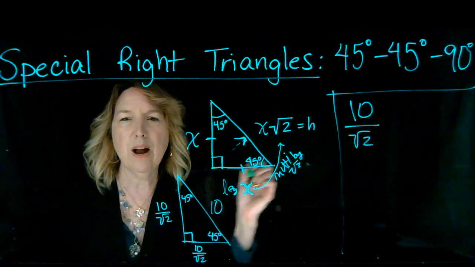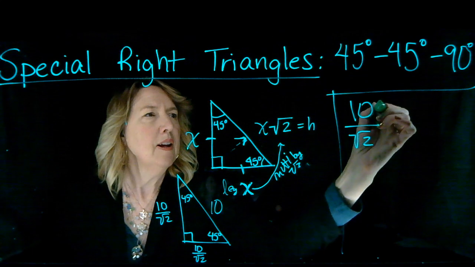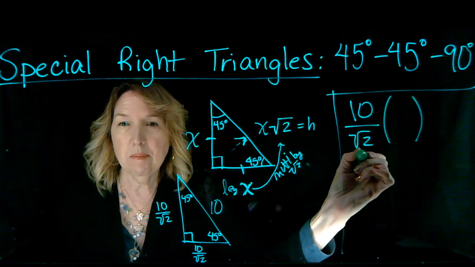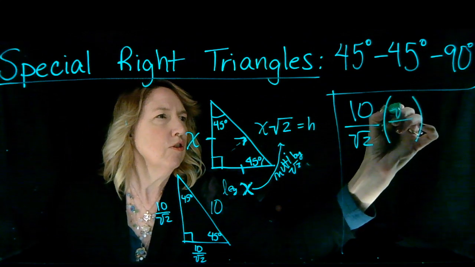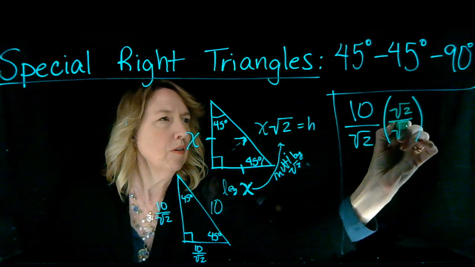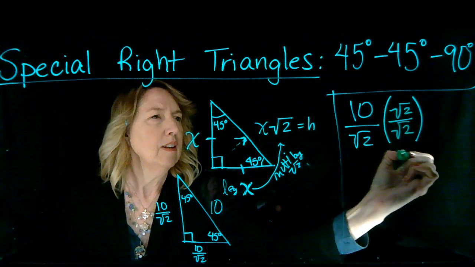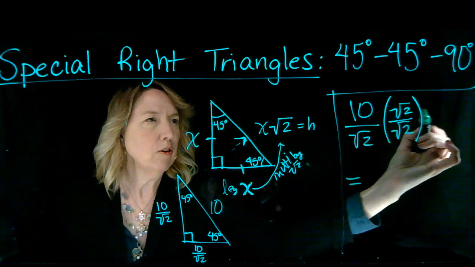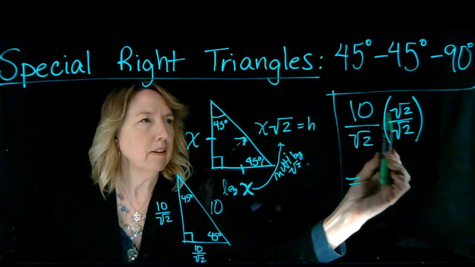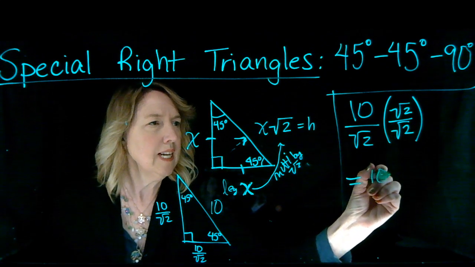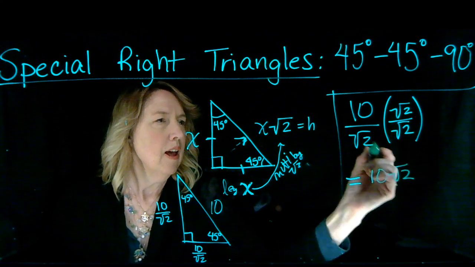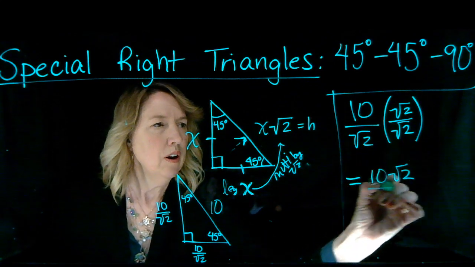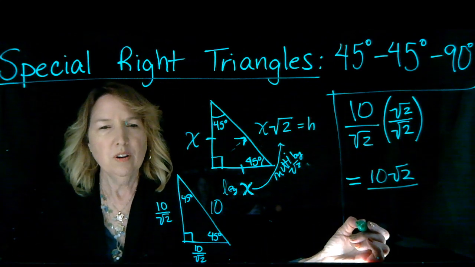So I'm going to rationalize the denominator, and the method is to multiply by that denominator, radical 2 over radical 2. And so this will simplify it. Here's what it looks like. Multiplying straight across, 10 times radical 2 is 10 radical 2. And radical 2 times radical 2 is radical 4, but we know the square root of 4 is 2.